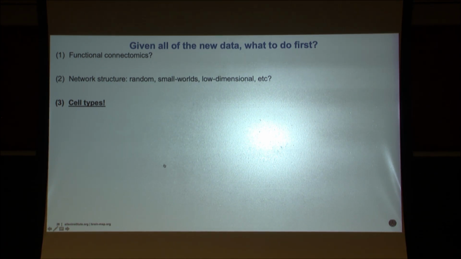We'll get there, but why do I say that? Why are we doing that? First and foremost, one can also look at network structure. I had sort of a short talk, and I was going to give a coda about network structure, looking at whether networks might be random, small world networks, or whether they might have some low-dimensional structure.